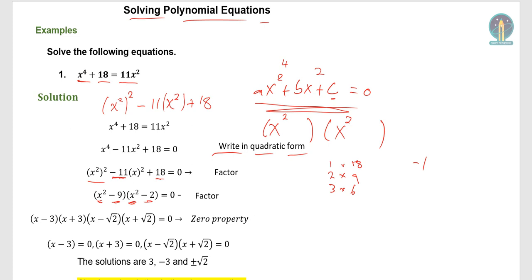So 1 and 18, there's no way to get minus 11. 3 and 6, there's no way either. Minus 3 minus 6 is minus 9. 2 and 9, if you do minus 2 and minus 9, you do get minus 11. So my factors of 18 are minus 2 and minus 9. So I have x squared minus 9 times x squared minus 2 equals 0.